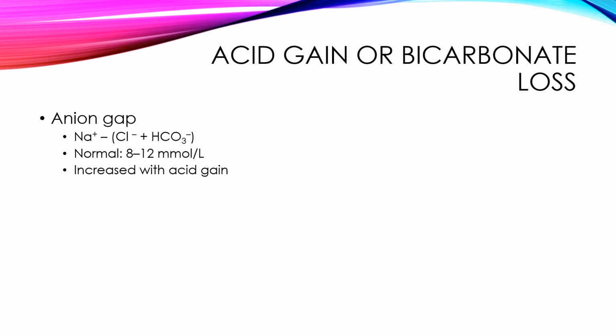There's no change in that anion gap because there's no change between the amount of sodium to the ratio of chloride and bicarbonate. Now we will see that the bicarbonate drops, but that chloride has gone up. So this is also, again, if you remember back just a slide ago when I said hyperchloremia can also affect it, and that's because if the chloride is too high, then we have other issues.